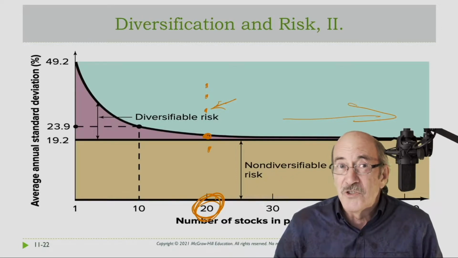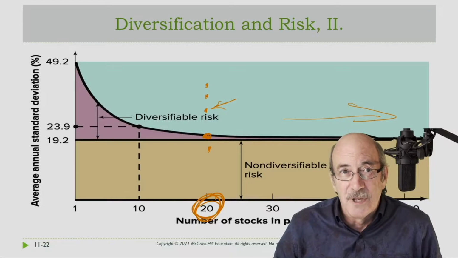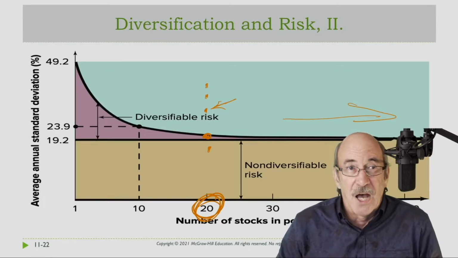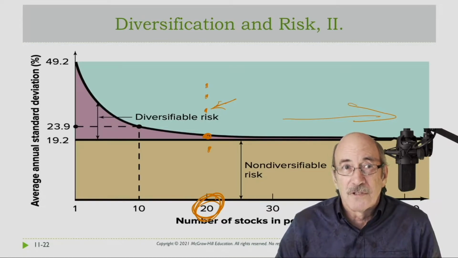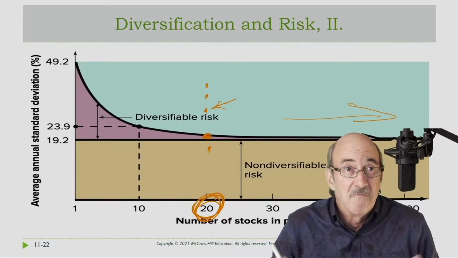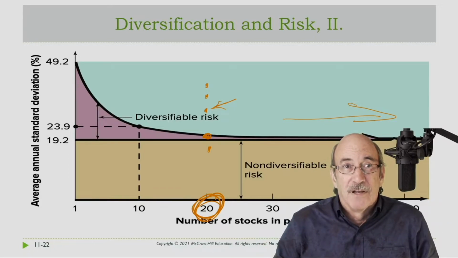And really, is there any reason to just limit it to 20 anyway? I mean, our commission structures are such that we can buy hundreds of stocks individually, even if we wanted to. But even if we were a little worried about that, let's buy an ETF.